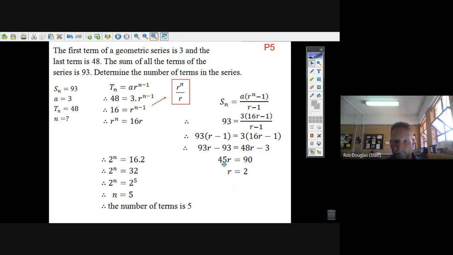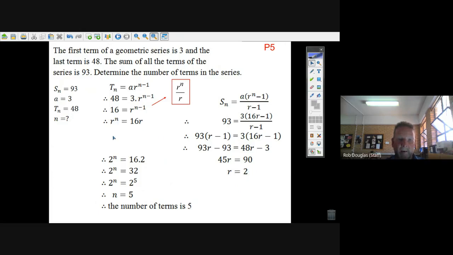We get 45r equals 90. We divide both sides by 45 and we get r equals 2. Ooh, that was a bit tricky. Just go through it really carefully. It's really just substitution. We just substitute in all the things we know, Sn, r to the n, a, and then you solve for r, and we got r is 2.